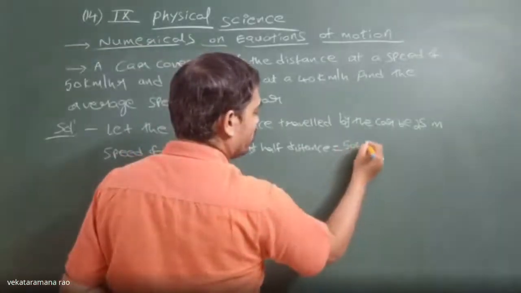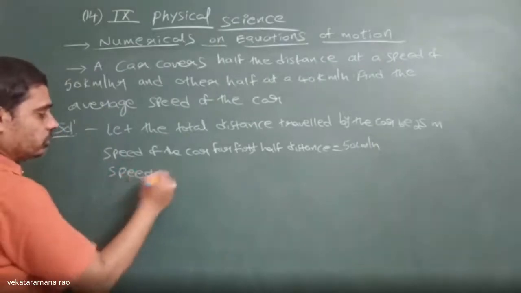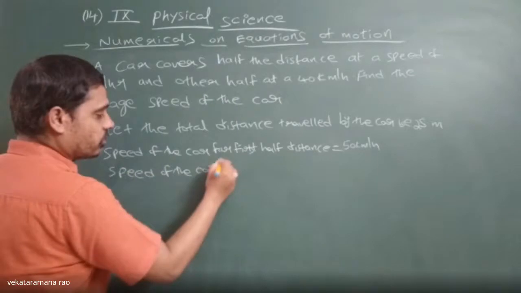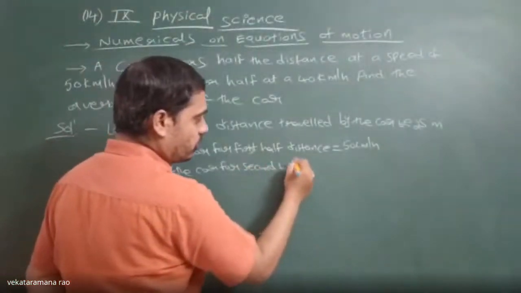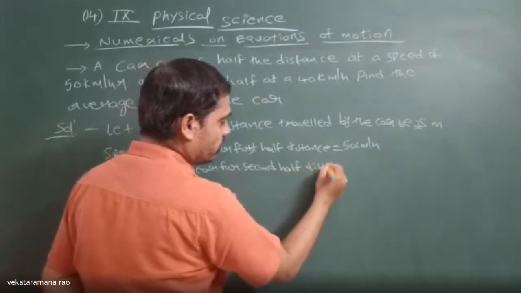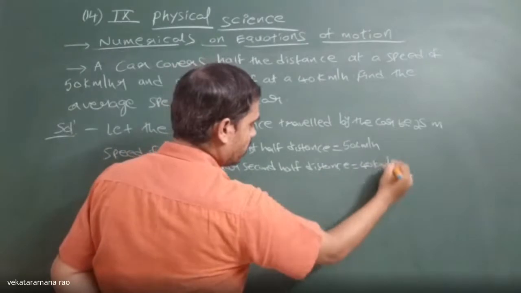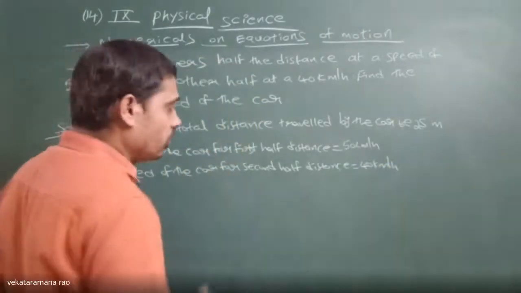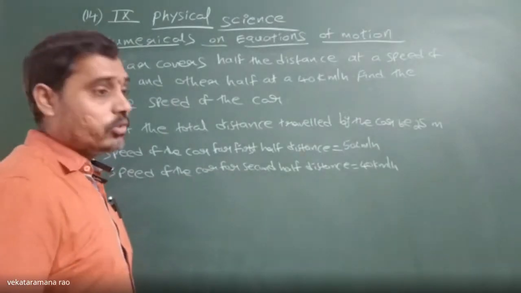The speed for the second half of the distance is 40 kilometers per hour.